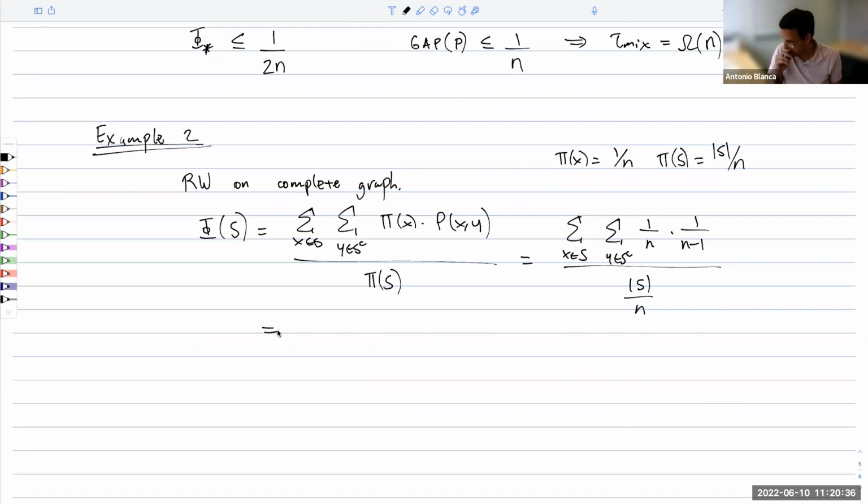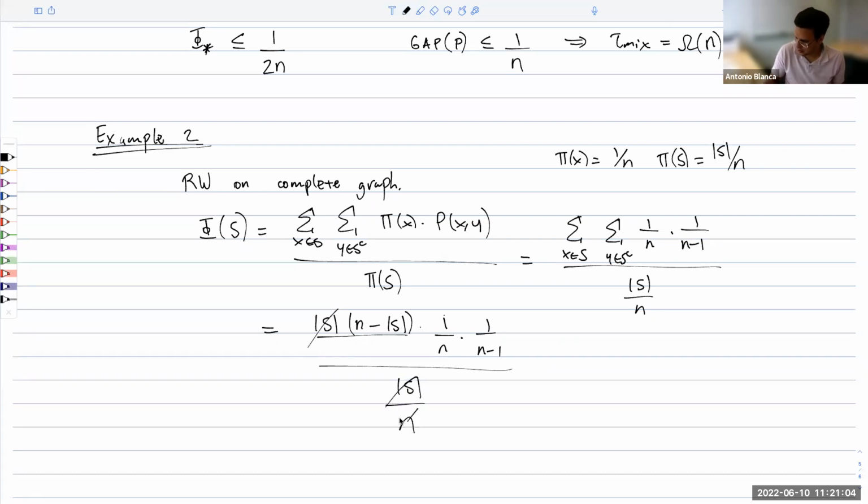And what this means is, okay, the number of X's in S is just S. The number of Y's in S complement is n minus S. All of them have the same probability of 1 over n times 1 over n minus 1. And we're dividing this by S. So now we simplify things here, and what we get is essentially n minus S over n minus 1.